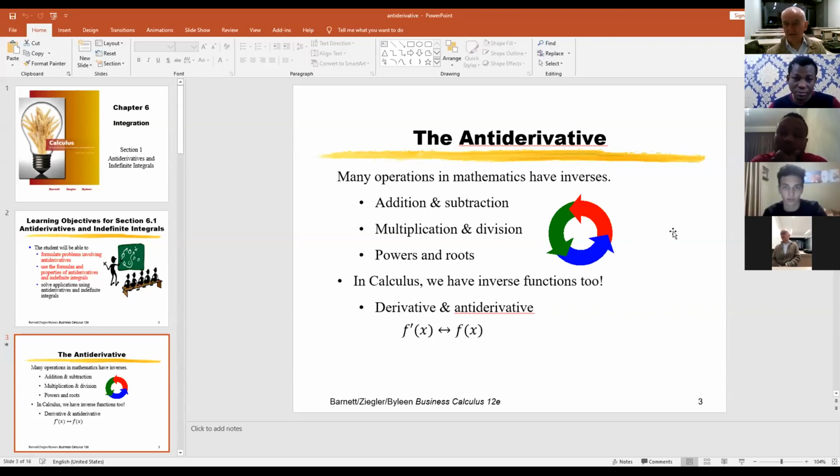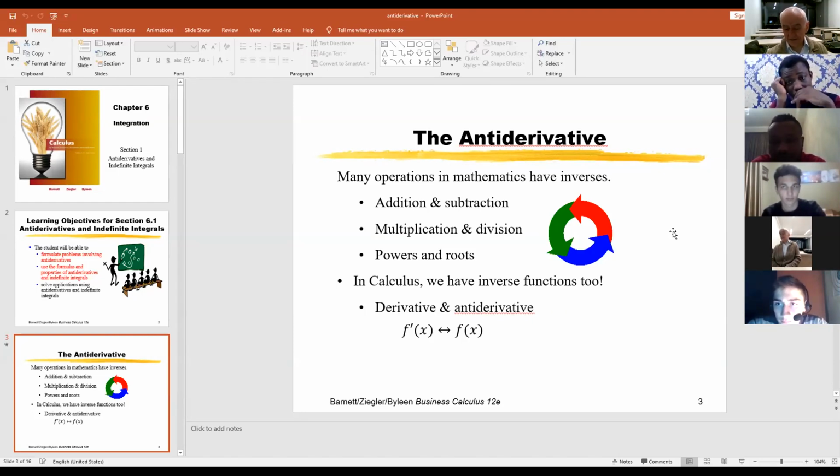So, our second lecture for today is antiderivative. You know, operations in mathematics have inverses, for example, addition and subtraction, multiplication and division, and so on.